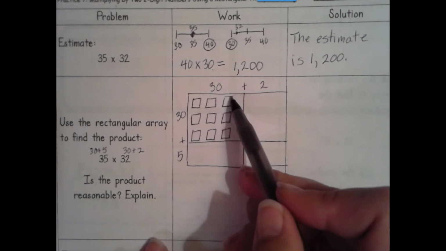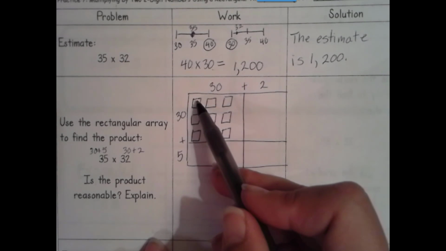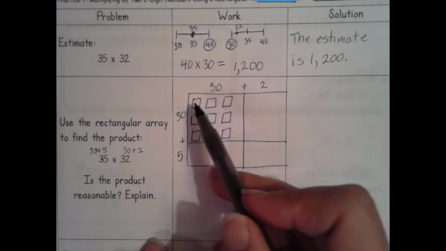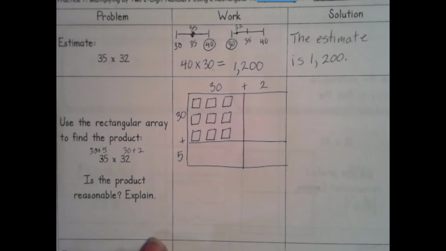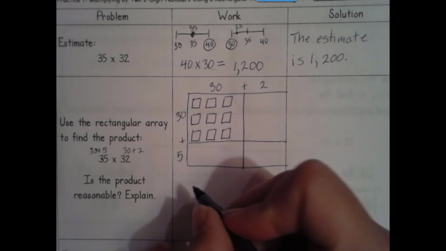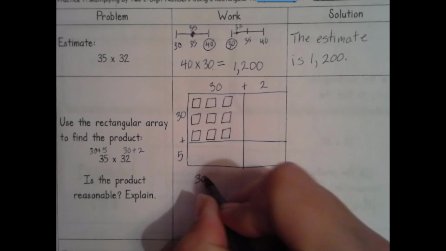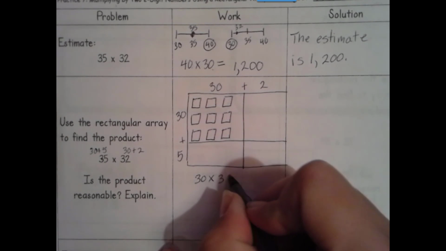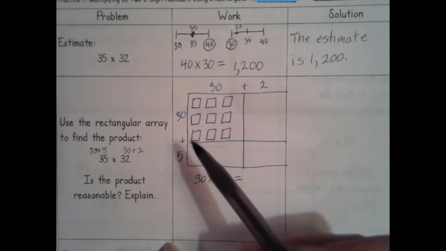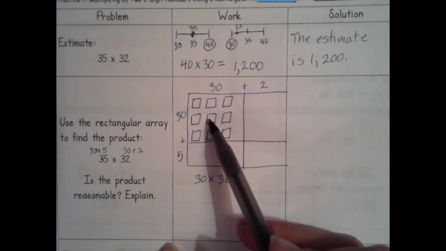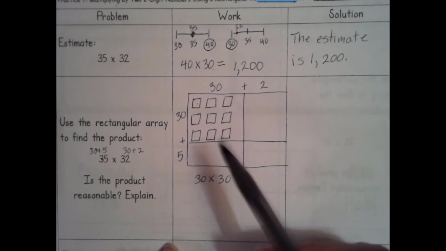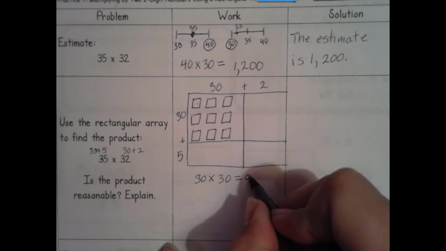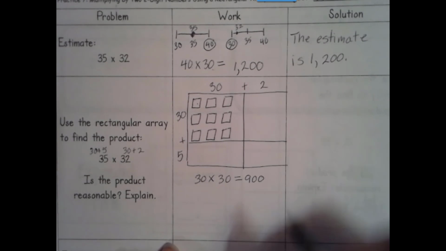So the 30, but times the 10 makes 100. So 300, and then 3 groups of 300. So 30 times 30 equals 1, 2, 3, 4, 5, 6, 7, 8, 9. 900.